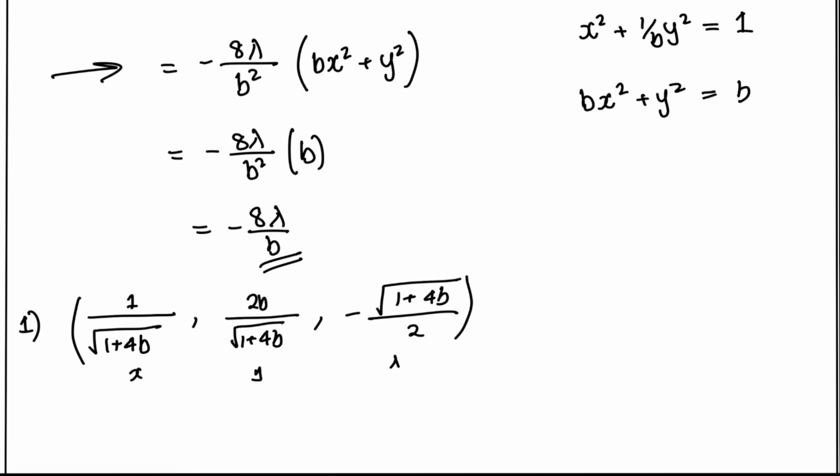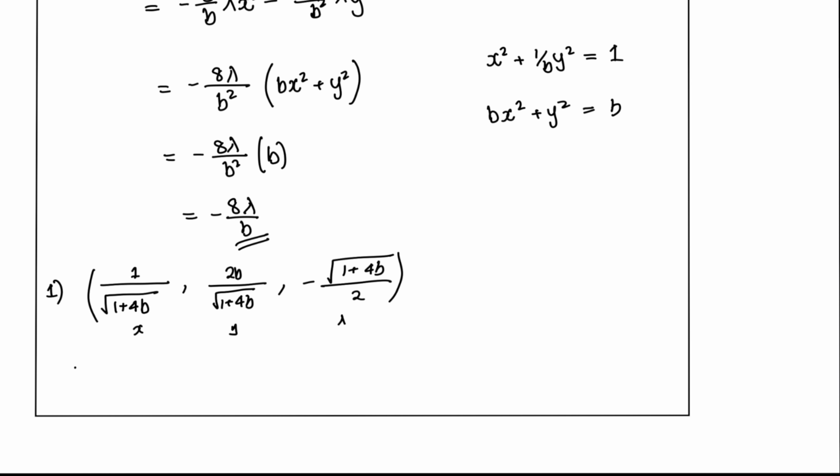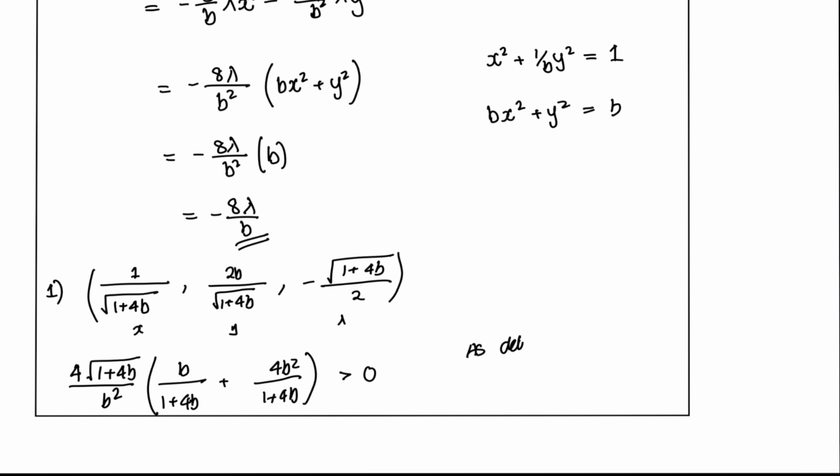If I use this equation of the determinant, we get 4 root 1 plus 4b all over b squared, brackets b over 1 plus 4b plus 4b squared over 1 plus 4b. As you can tell, this is going to be greater than 0. As the determinant of the bordered Hessian is greater than 0, we have a local maximum.